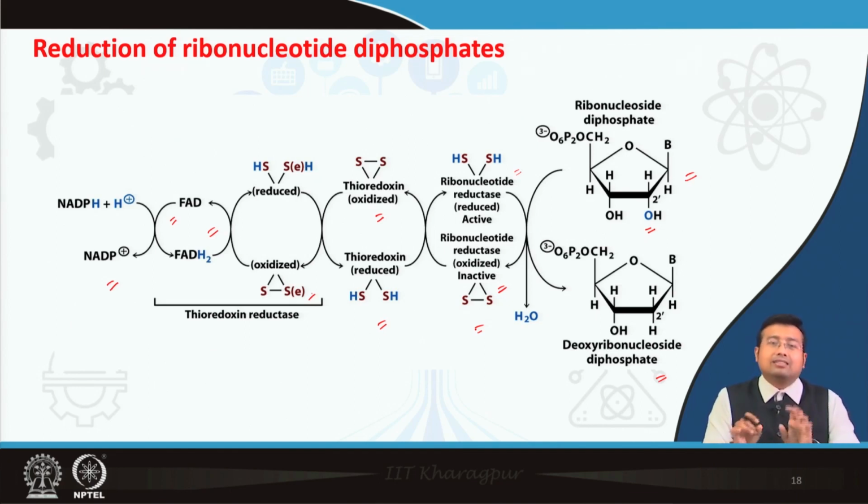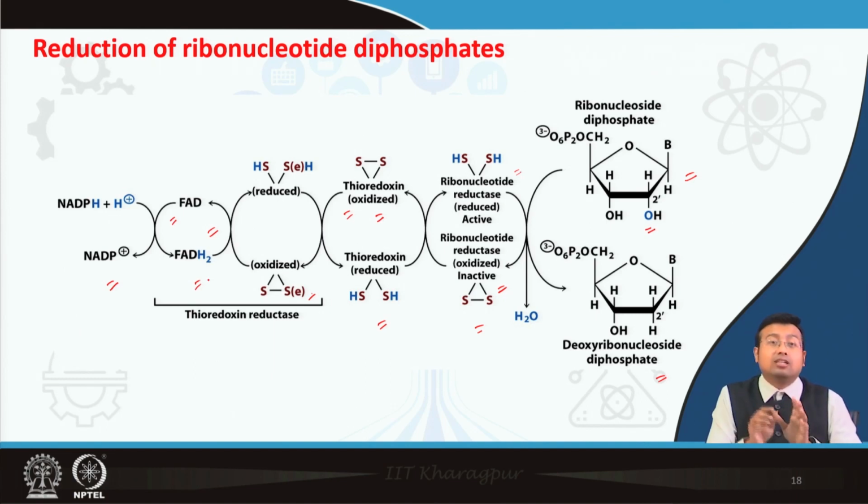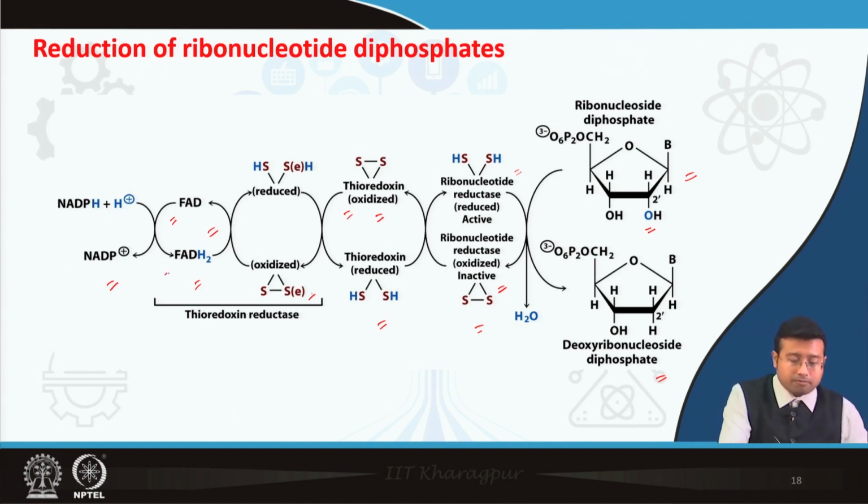Who reduces it? Thioredoxin. Someone which reduces any other substance will itself get oxidized, a basic redox principle. So we got oxidized thioredoxin. Oxidized thioredoxin again needs to be reduced, it is done by the enzyme thioredoxin reductase. Thioredoxin reductase itself gets oxidized, we again need to reduce it with the help of FADH2. FAD will also need to be reduced, so NADPH helps in reduction of FAD to FADH2, alright.